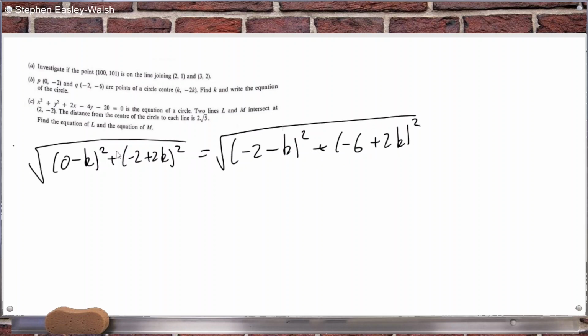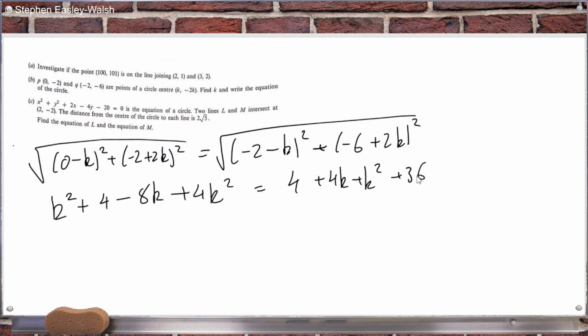Well, we can square both sides and expand. So we get K squared plus 4 minus 8K plus 4K squared equals 4 plus 4K plus K squared plus 36 minus 24K plus 4K squared. The 4K squareds cancel. The K squareds cancel.